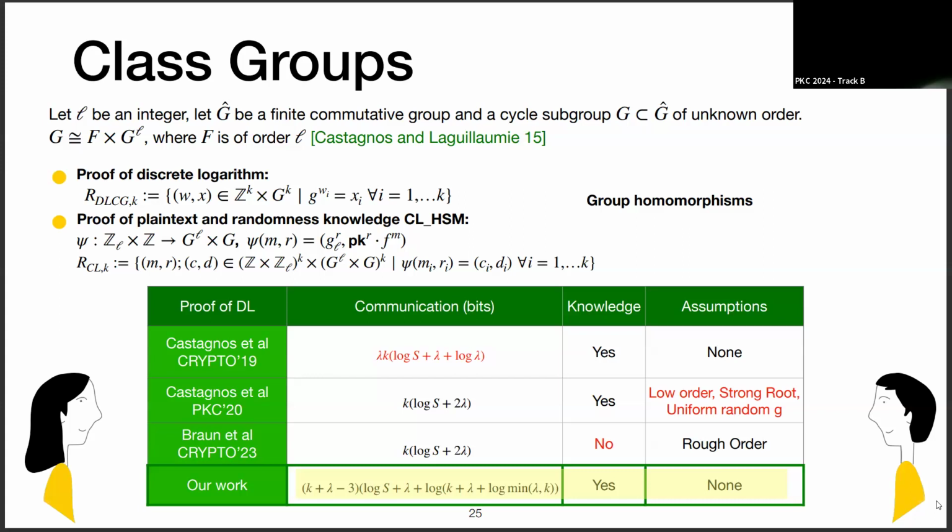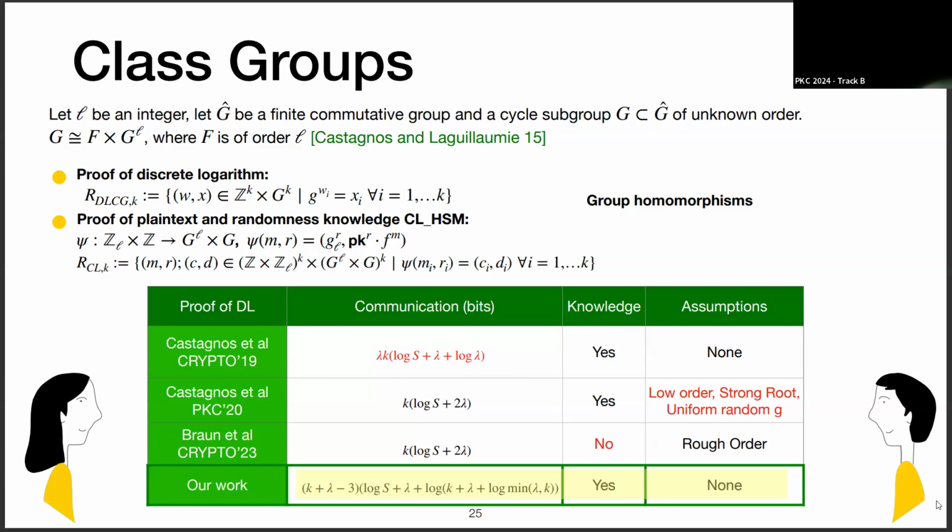In the second work of Castagnos et al., PKC 20, the communication in that case is a bit better than our case. However, they rely on some assumptions that in particular imply that the generator G is selected uniformly at random, which is not always the case in some applications.